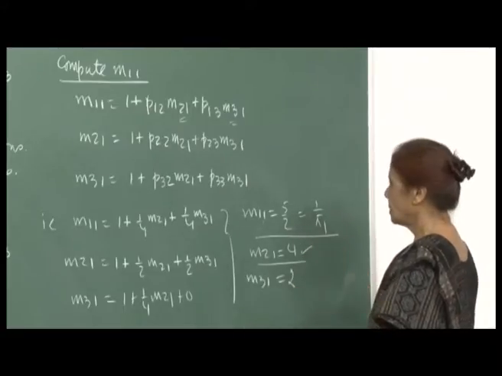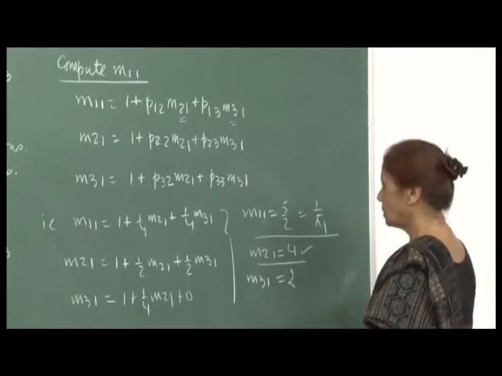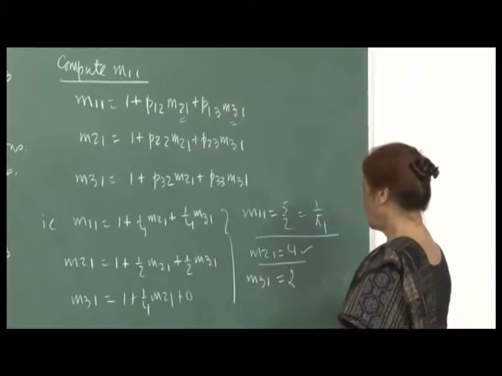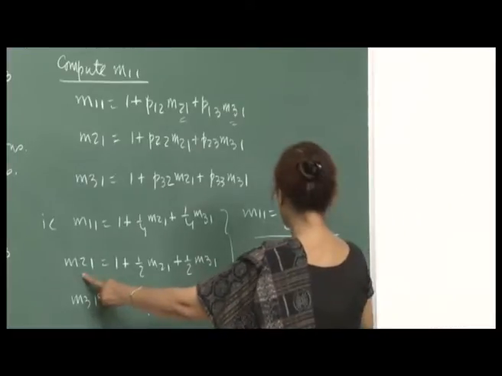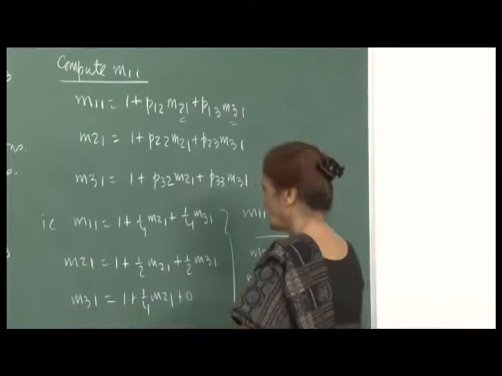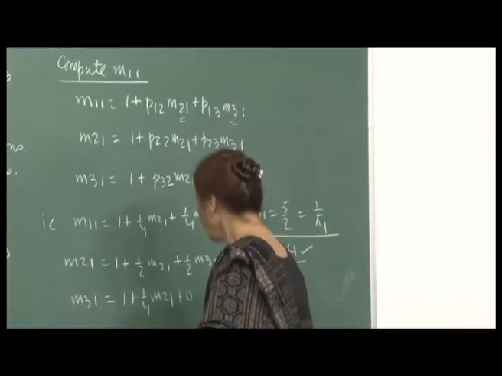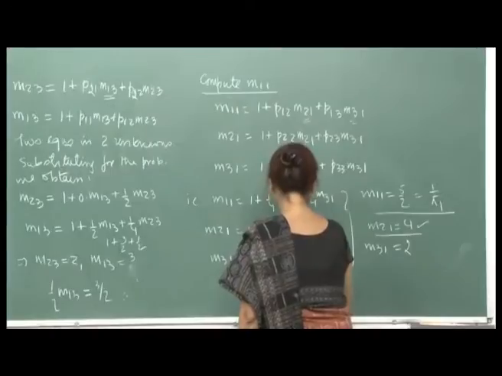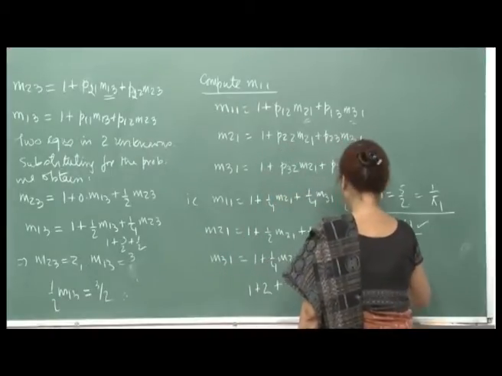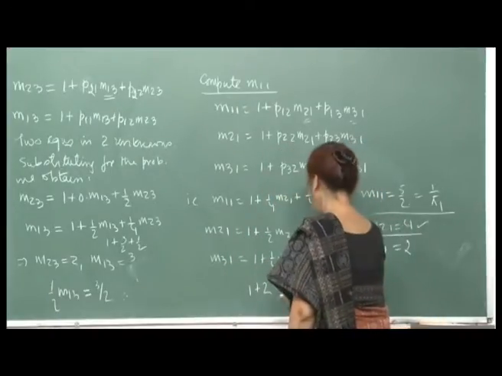So, I hope this is a right calculation, because let us just verify. If M21 is 4, then on this side it is 1 plus 2, and your M31 is 2, so that is also 1 plus 1, so that is 4.